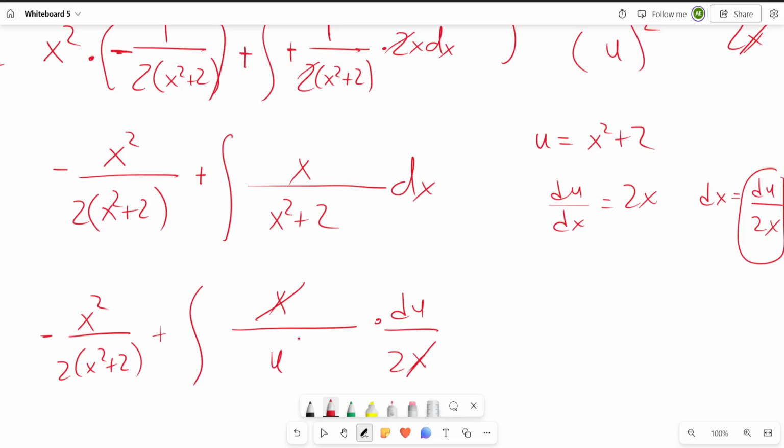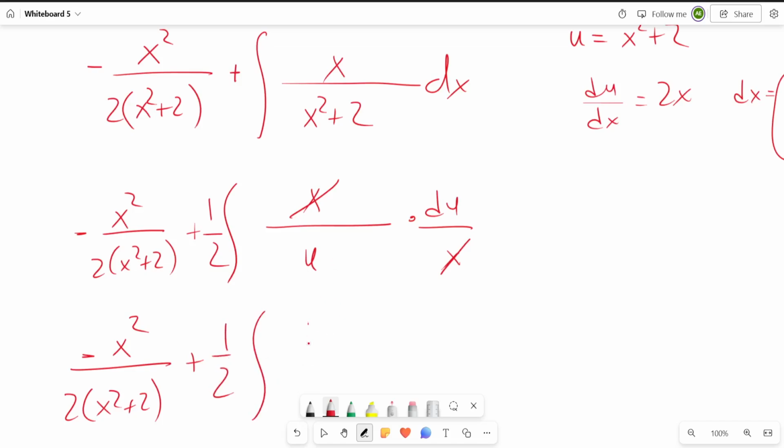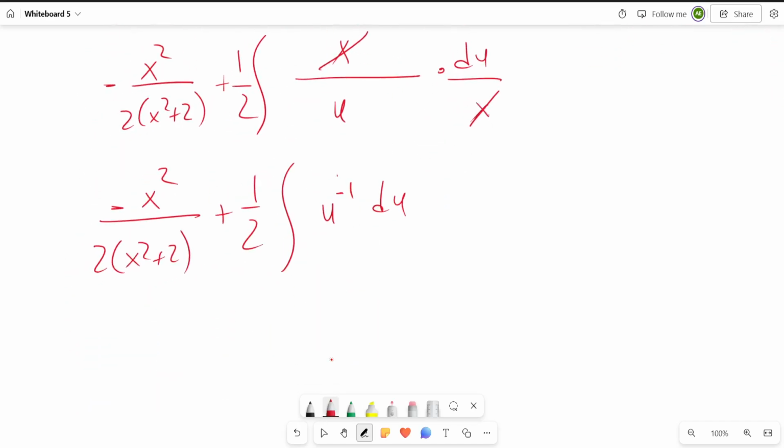I can bring this 2 outside, so I can bring this 2 over here. So this is basically negative x squared over 2 times x squared plus 2 plus 1 over 2 times the integration of 1 over u du, and instead of 1 over u, I can rewrite it as u to the power of negative 1, and I can perform my integration now. And I know that the integration of u to the power negative 1 is basically ln of u.